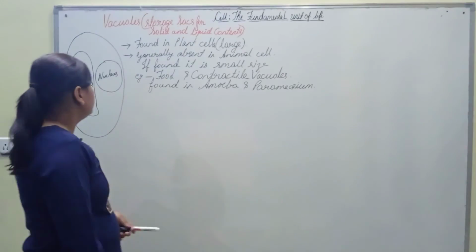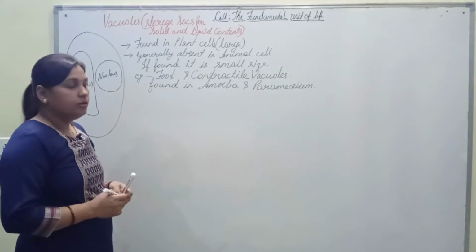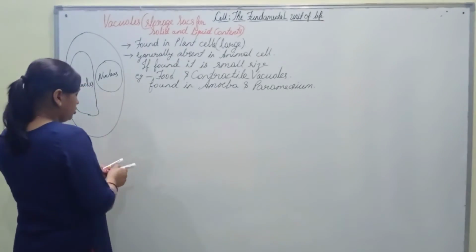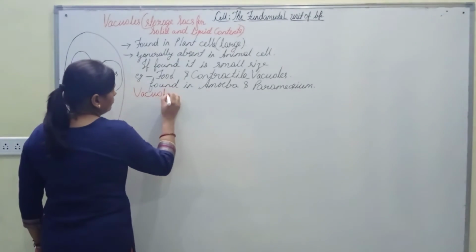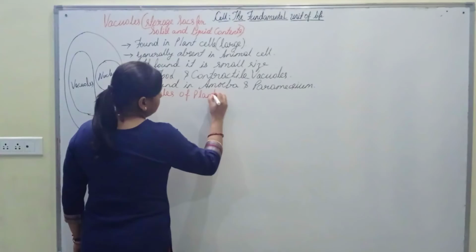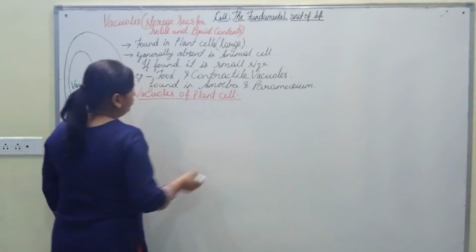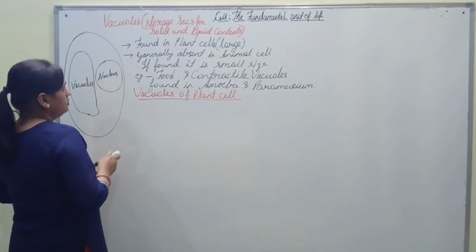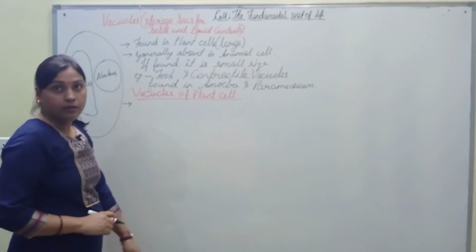Now let us move towards the vacuoles of plant cells. Vacuoles of plant cells are filled with fluid.